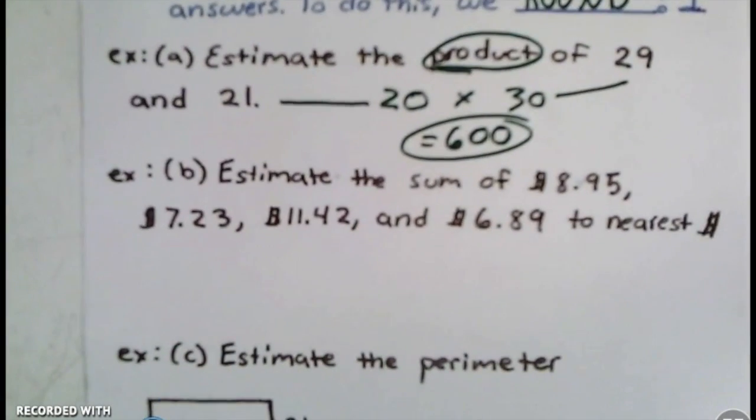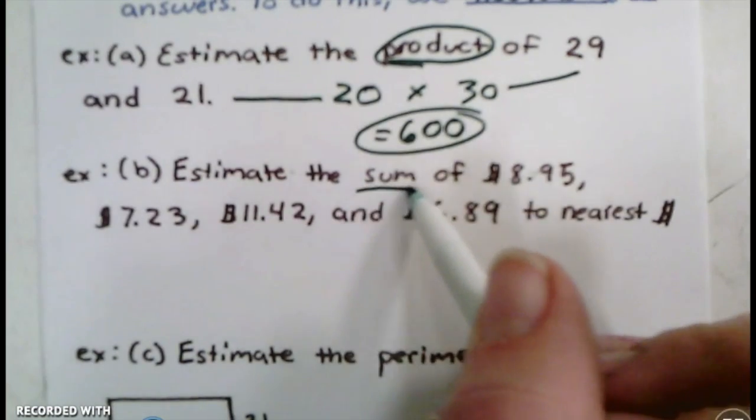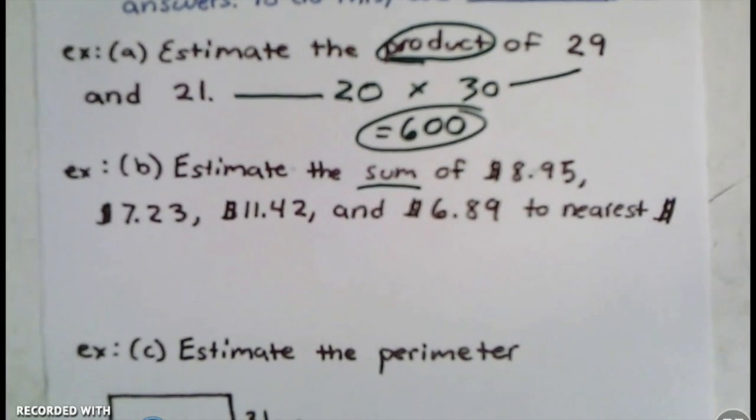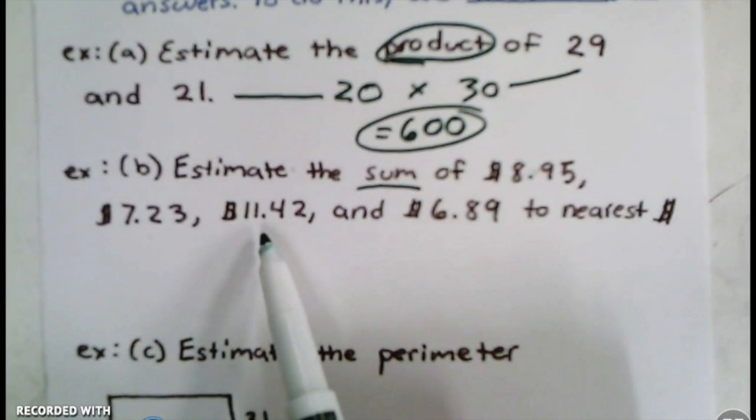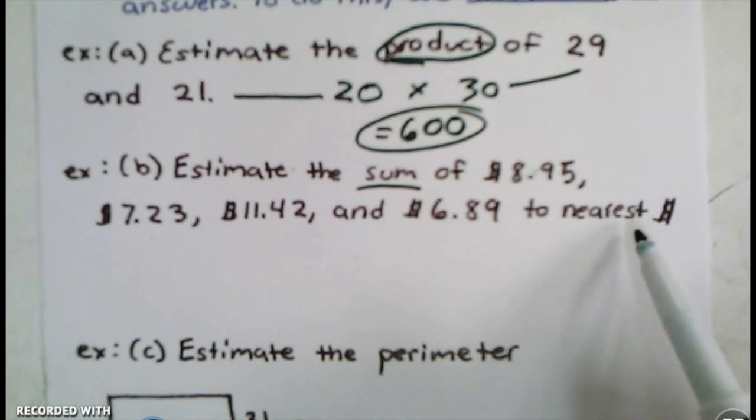Now let's get to the arithmetic part. Estimate the sum, so what does sum mean? Addition, of $8.95, $7.23, $11.42, and $6.89 to the nearest dollar. So first, we're going to round them.